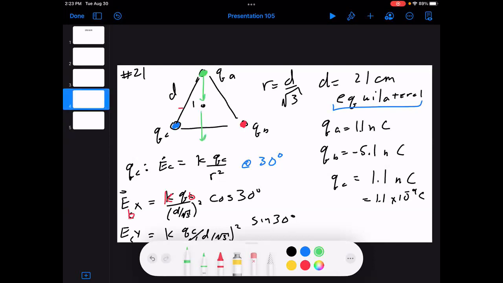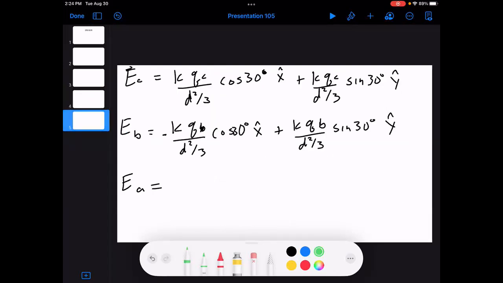The x component of an electric field that points straight down. 0. I like zeros. Okay, so we can say 0 in the x direction. And then the whole thing would just be in the y direction, right? K QA, d squared over 3. I do need to put a minus sign out front because it's pointed down and not up.